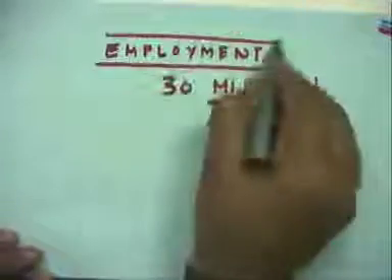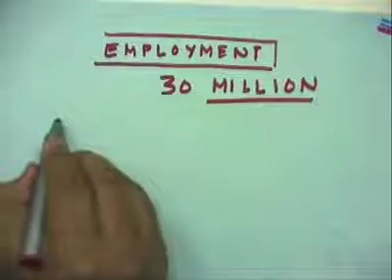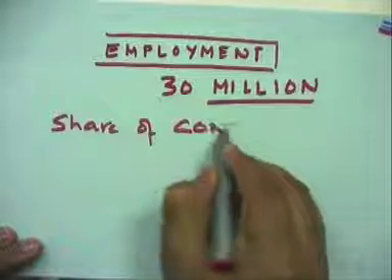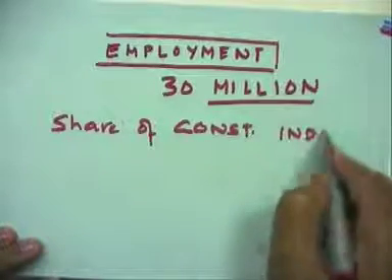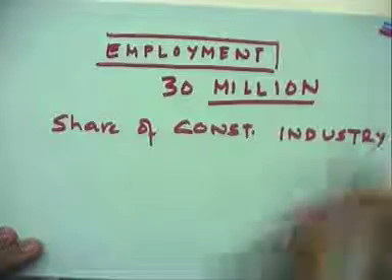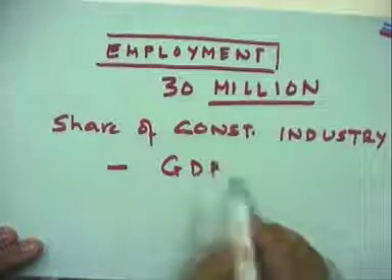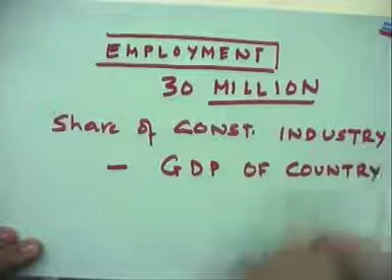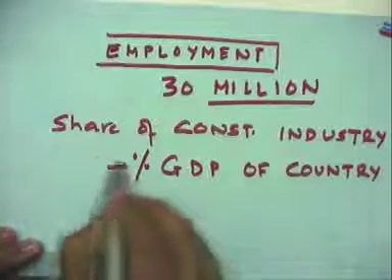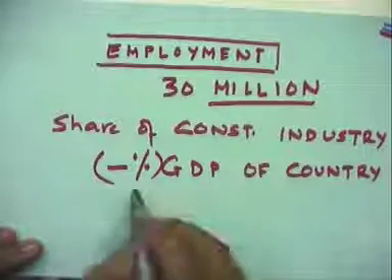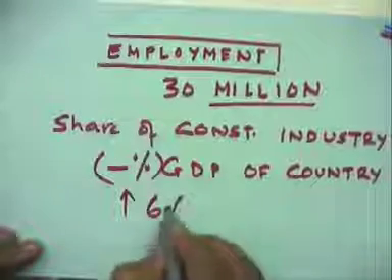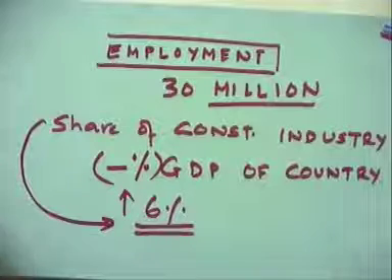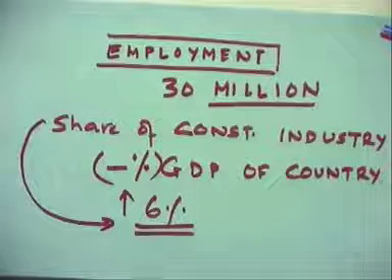How many people are employed in the construction industry? What is the share of the construction industry in Ethiopia's GDP? How much percentage? In case of India, you find it is about 6%. So construction contributes about 6% of the GDP.